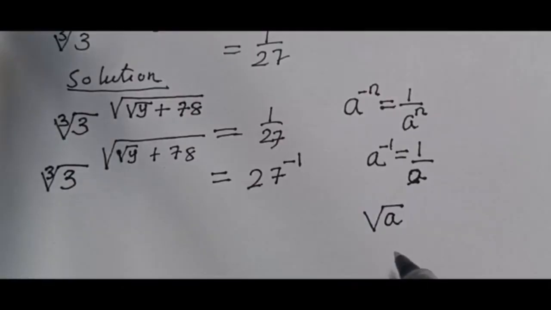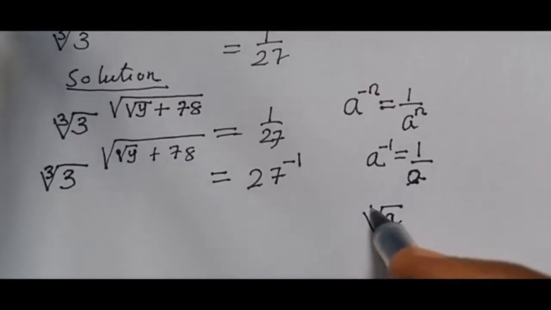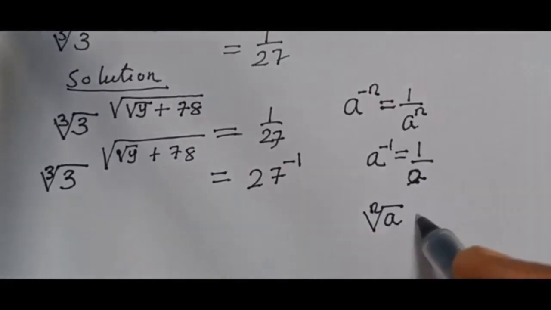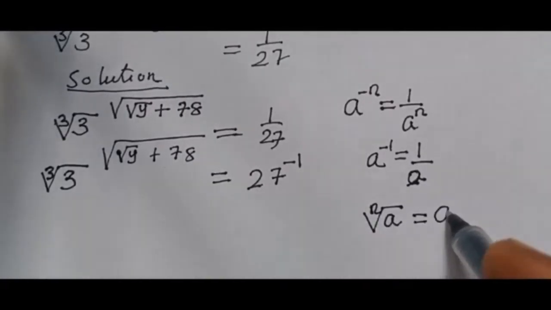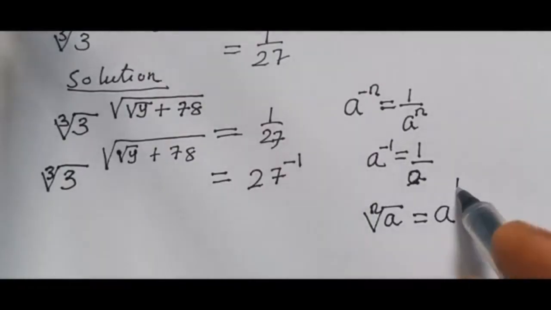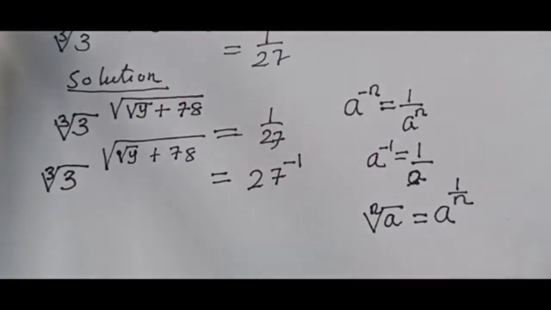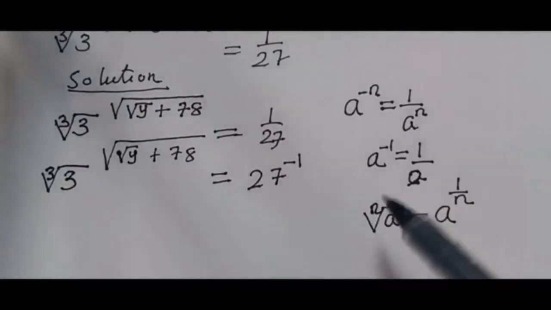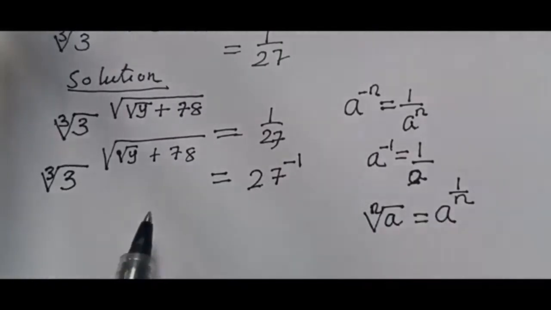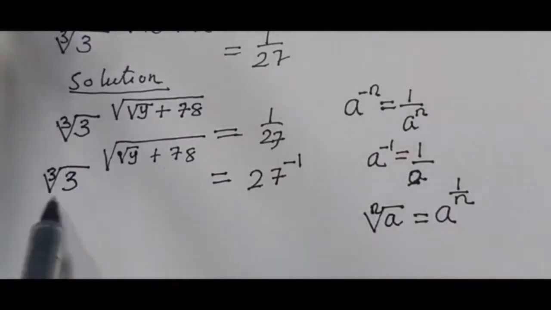The rule of radicals says that the nth root of a is equal to a raised to 1 over n. So this law of radical will be applicable in this part.